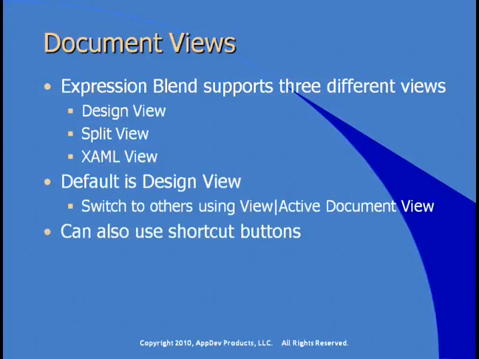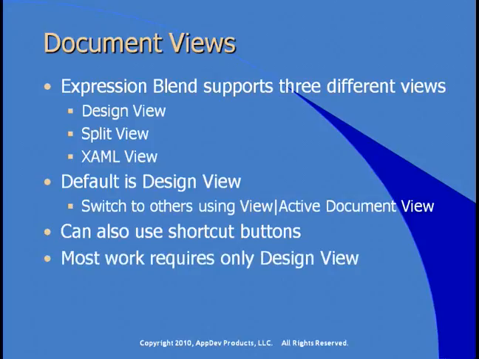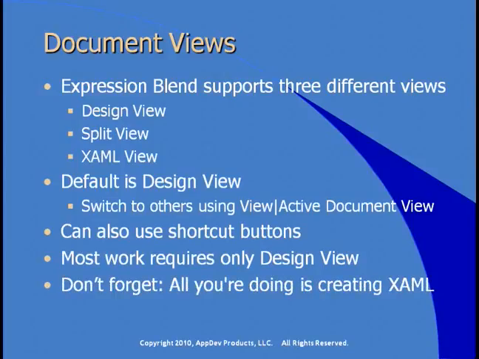You can also use shortcut buttons in the Designer, as you'll see. Most work requires only Design View. Unlike Visual Studio, where most of your work is done in the markup itself, in Blend, although you can look at the XAML, you generally don't need to. But don't forget, all you're doing is creating XAML, and it might be interesting to look and see what it is that you're creating. Well, let's take a look at the three different views in Expression Blend.